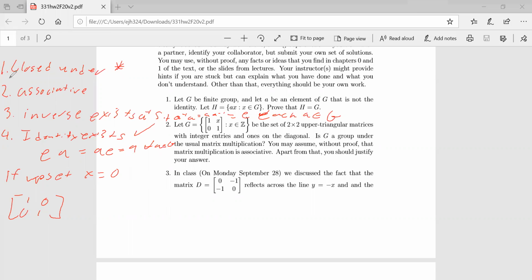Let's go up to number 1 here. So [1 x; 0 1] times [1 y; 0 1]. Is this closed under multiplication?